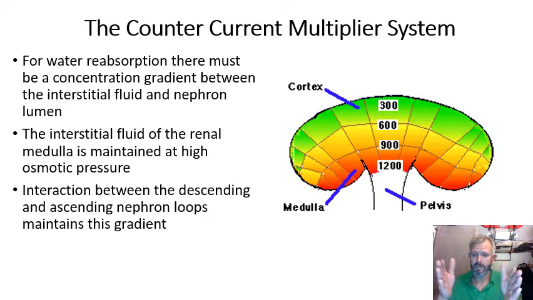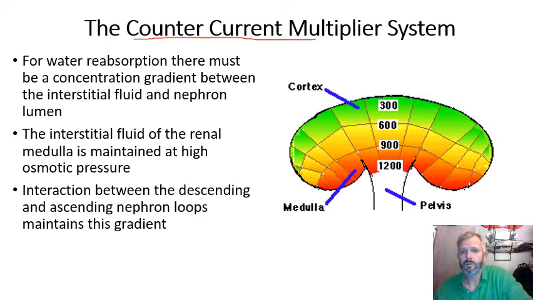If we have an osmotic gradient, water is going to move to the area of higher osmolarity. And so that is the function of what's called the countercurrent multiplier system. This multiplier system is going to create an osmolarity gradient in the kidney.